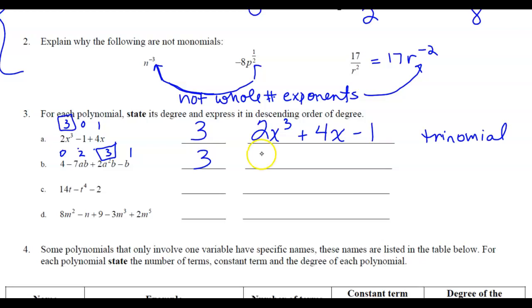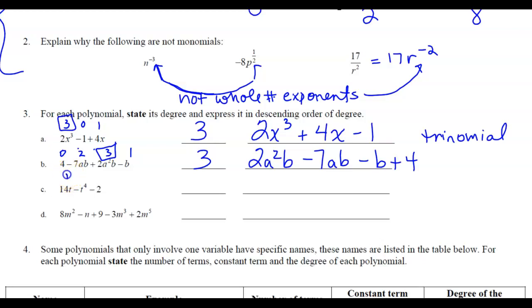So in that order, that would be 2a squared b, then minus 7ab, minus b plus 4. Descending order of degree. So you need to write the degree of each term above it or below it so you can keep track. And then you always take the sign in front of the term when you rearrange it.